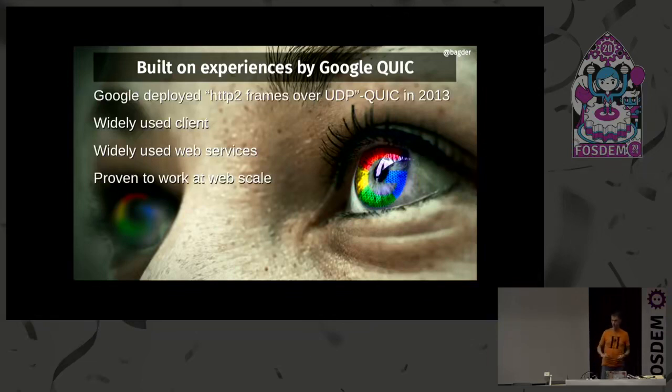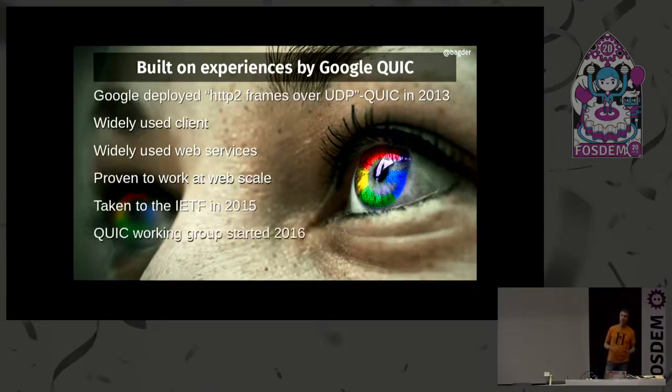Does it really work? 1 billion clients against our 1 billion servers. So yes, they proved that it actually works, and it improves a lot of things. So they took that to the IETF in 2015. Let's make this a standard instead of us making funny things in our corner. So yes, the IETF agreed with a bunch of caveats and conditions, and it created the working group for QUIC in 2016.